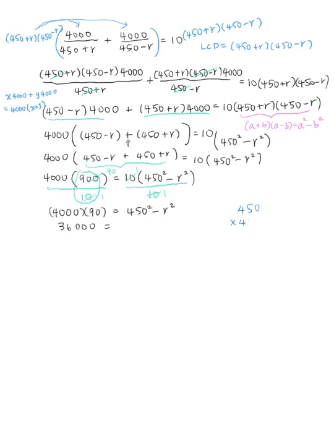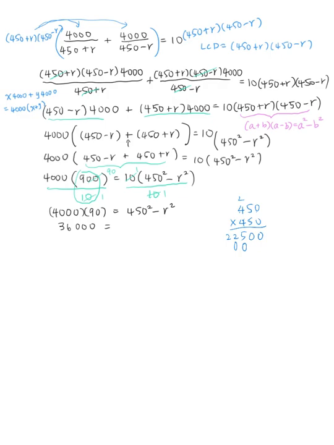450 times 450. So first, if I multiply the zeros, I'm going to have a 0. Next, 5 times 0 is 0. 5 times 5 is 25. 5 times 4 is 20. Add 2, that will be 22. Now I'm going to multiply 4 times 0. And then 4 times 5 is 20.